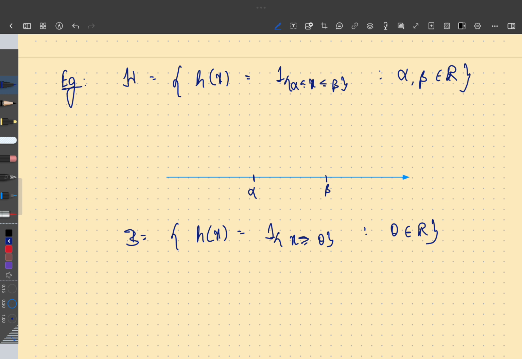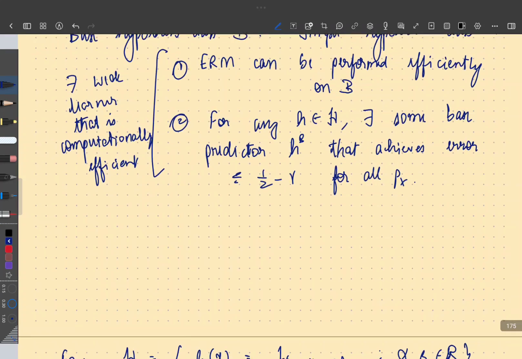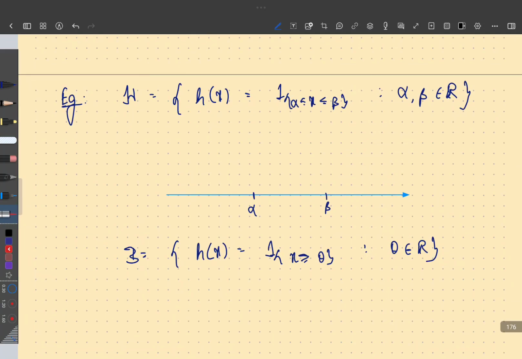So clearly B is a simpler hypothesis class than H. And I claim that it satisfies the requirements that we have over here. For every h, in other words, for every alpha, beta, there is some theta which achieves a probability of error which is strictly less than half.